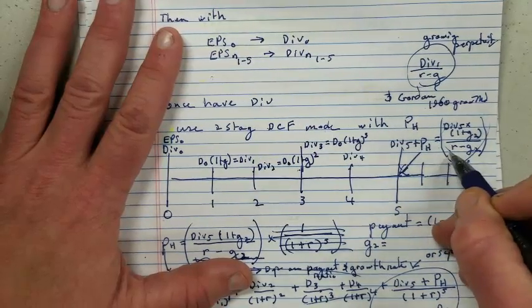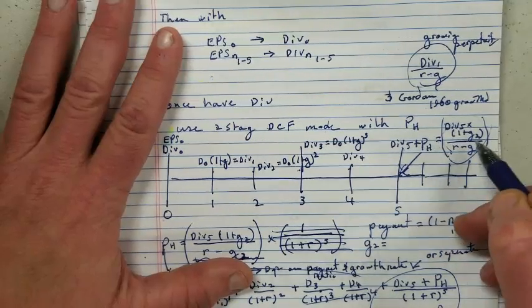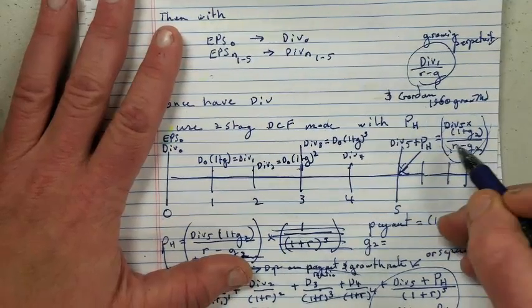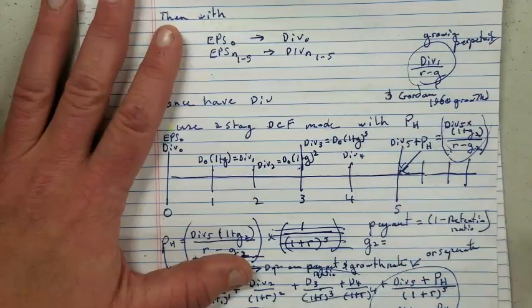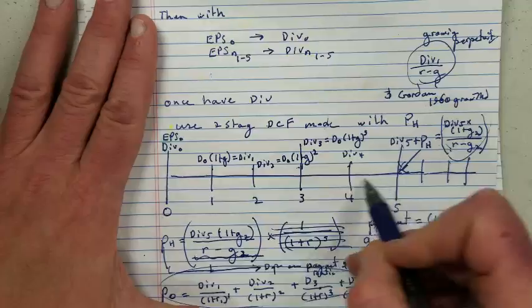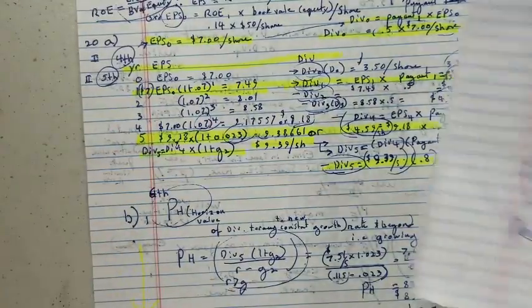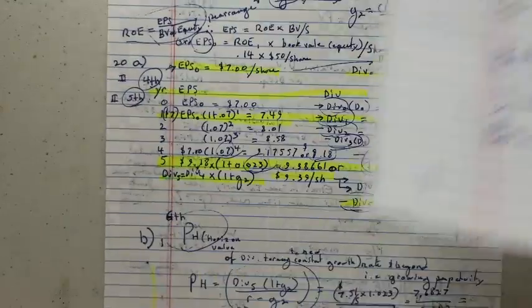And again, this is the Gordon growth model. This is representing the horizon model, the price of the stock in year 5. Once I get it, I can bring it back all the way into time 0. That's why it helps to do the timeline and do your formula.